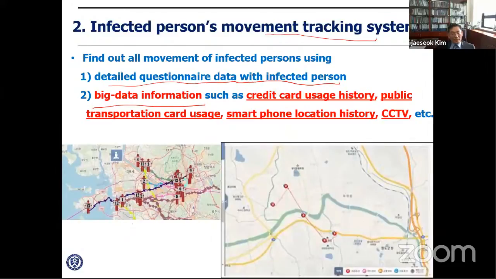The right-hand side shows the movement of the specified infected person as a graph, something like this, okay?